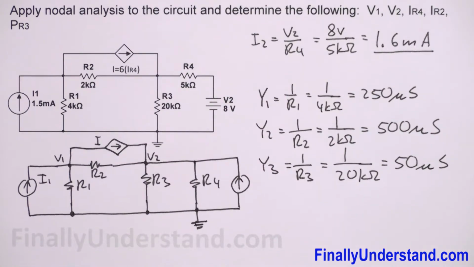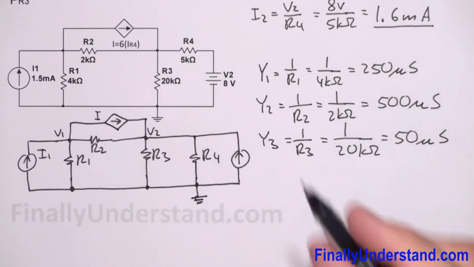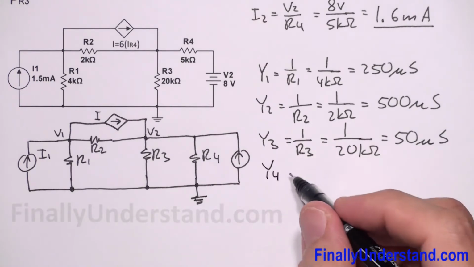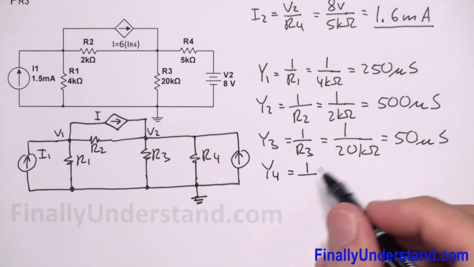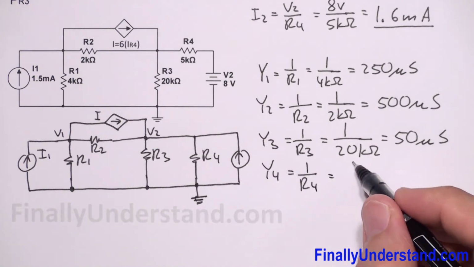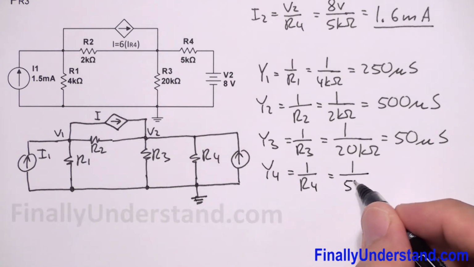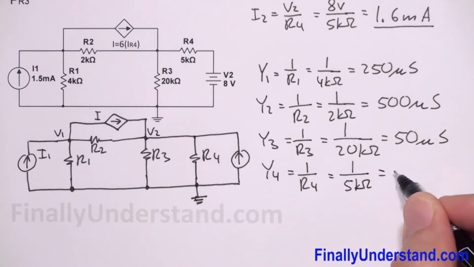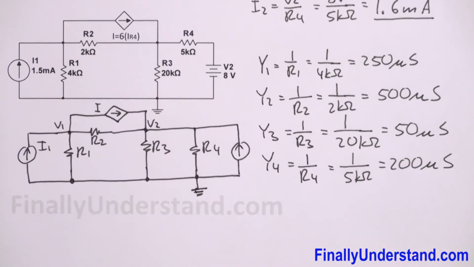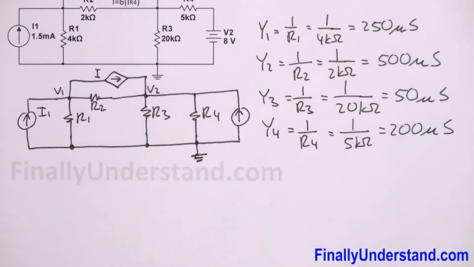And I'm supposed to find Y4. Y4 is equal to 1 over R4, which is 1 divided by 5 kiloohms. This is equal to 200 microsiemens.